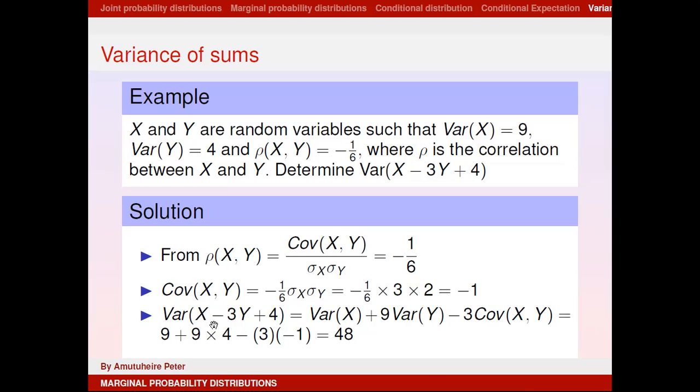When you look at this term, are you seeing where my cursor is? Yes. The A is the coefficient of x here, which is 1. B is the coefficient of y, which is -3. So this is supposed to be plus 2ab. So it is 2 times 1 times -3.